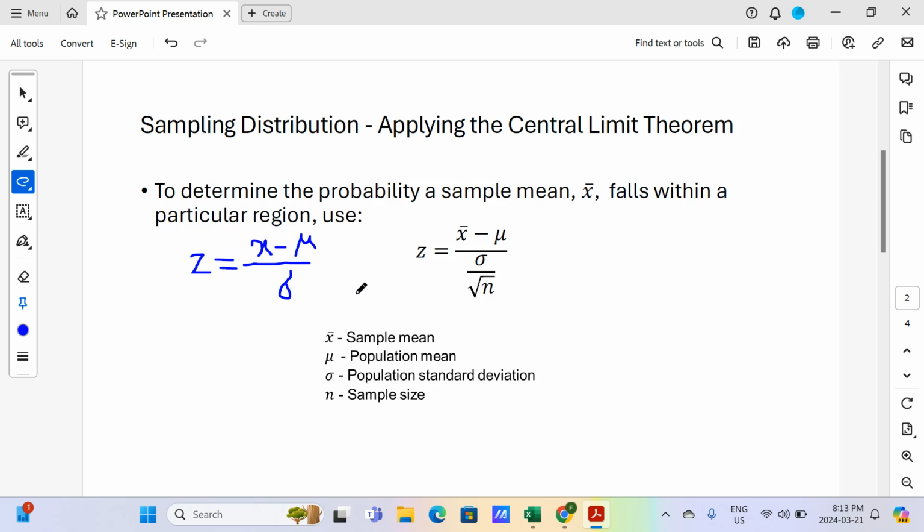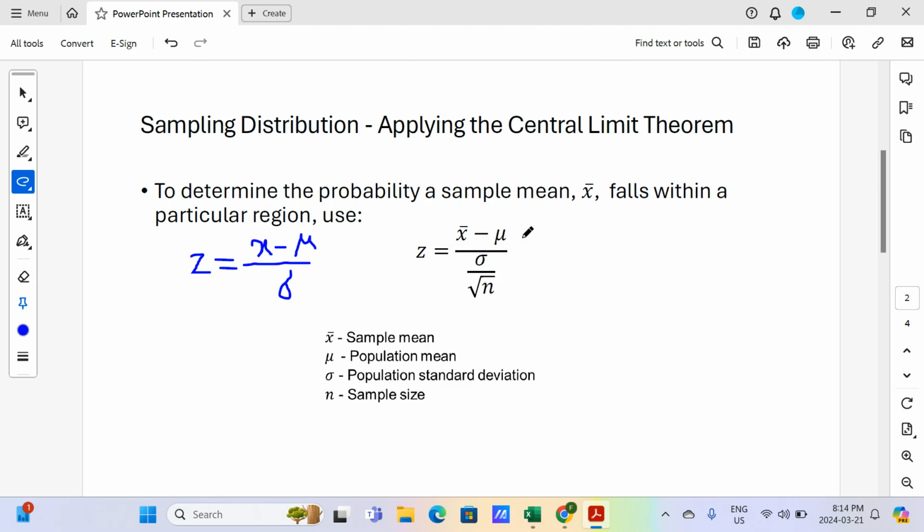But now in this chapter, because we are going to work on X bar, I'm looking for a probability for X bar, to determine the probability for a sample mean X bar. Instead of this formula, if I'm going to work with Z value, I need to work with Z equals X bar, because now I'm working on X bar, sample mean. So look at here, instead of X, I'm going to work with X bar.